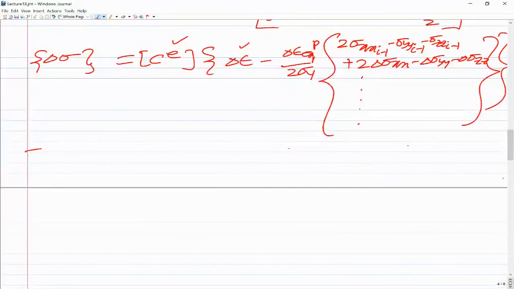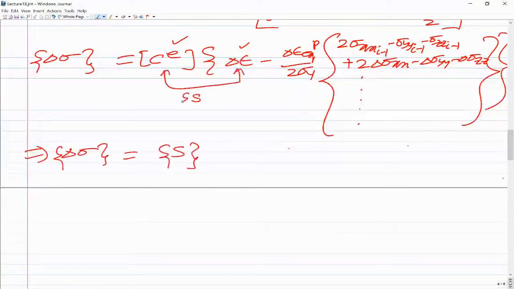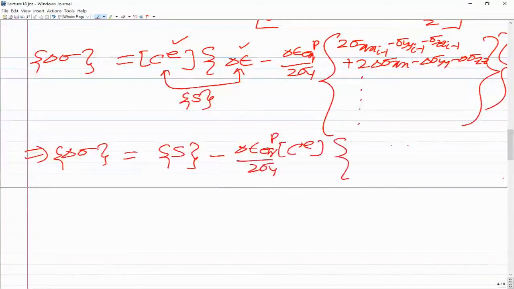So you can write this equation as delta sigma is equal to the first term s, the product I am calling tensor s, which is the elastic predictor stress, and then minus delta epsilon equivalent p into the constitutive matrix Ce divided by 2 sigma y, and then you have these terms the way I just wrote.